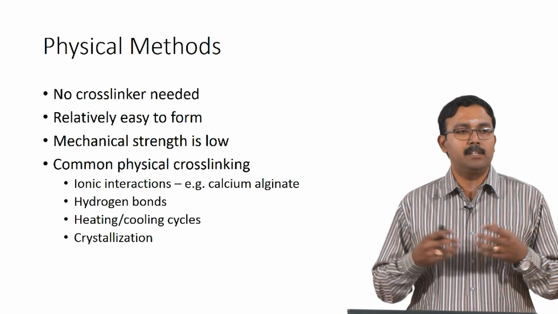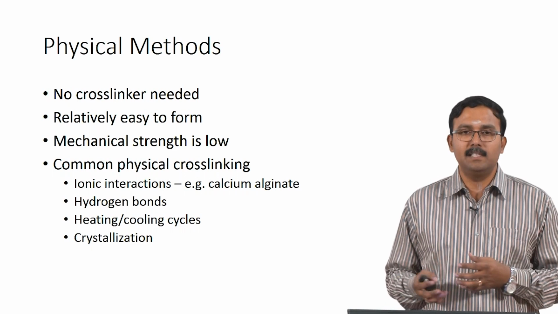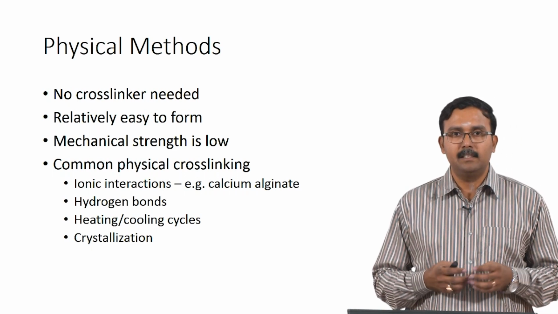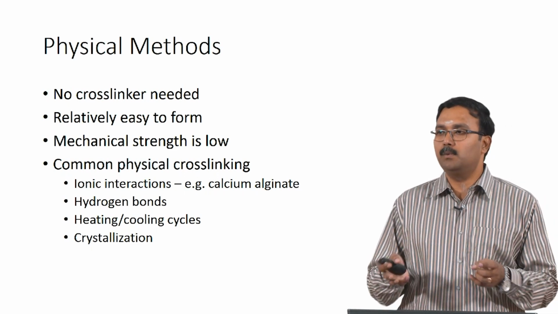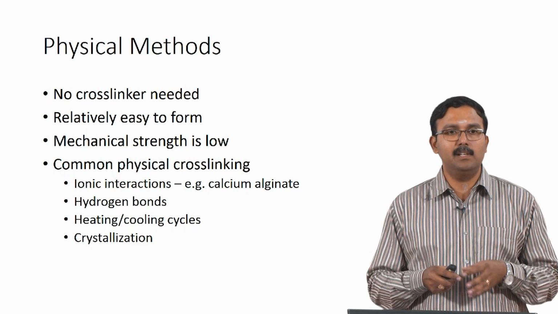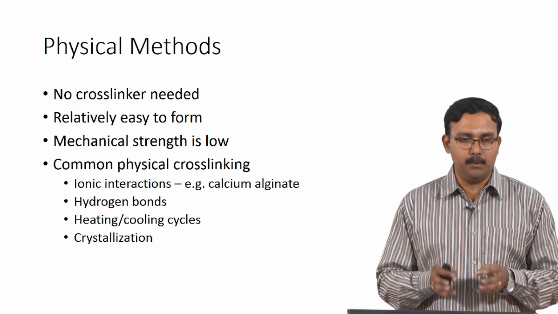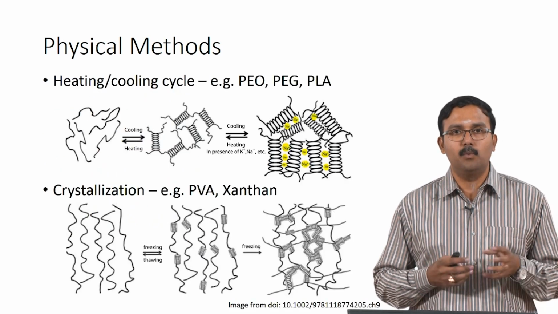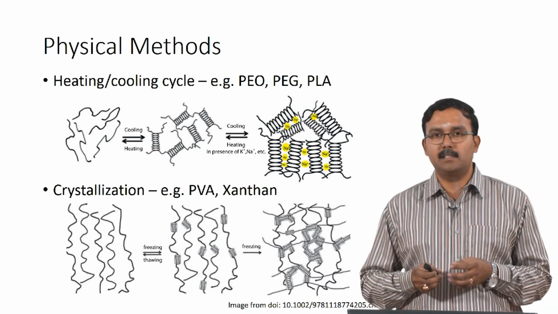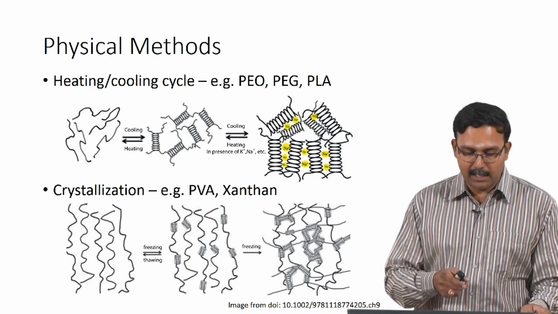It can also be created using heating and cooling cycles and crystallization. Ionic interactions and hydrogen bonds, you would understand what they are. Heating and cooling cycles and crystallization of polymers are done using this kind of process. In a heating and cooling cycle, you end up forming these kinds of coils.